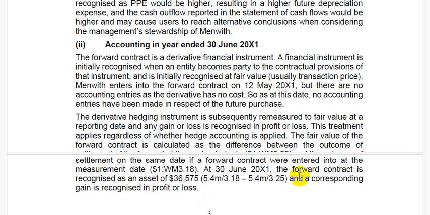So 30th June the forward contract is recognized as an asset. So you translate 5.4 at 3.8. Our hedge is at 3.25. So we committed ourselves at a higher rate.